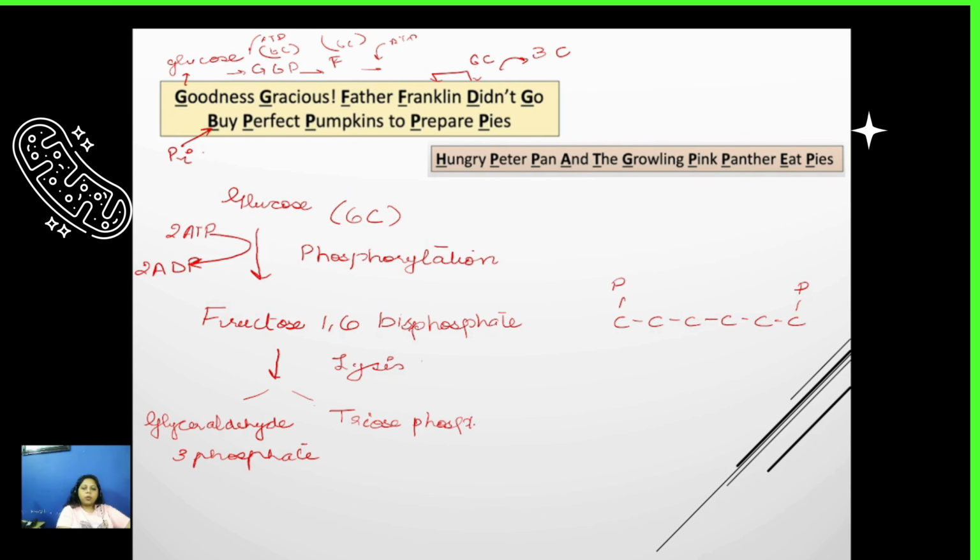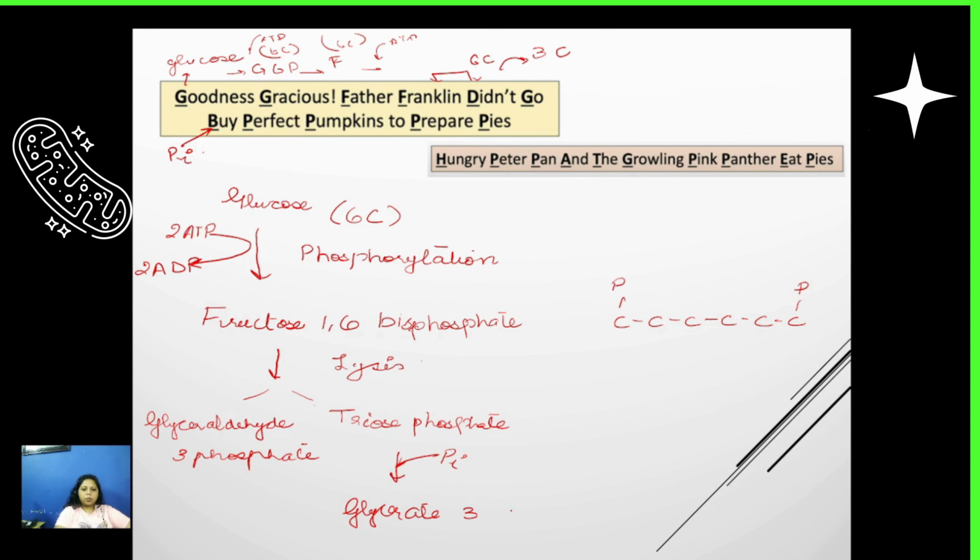We are going to work with triose phosphate. In triose phosphate, when we have mentioned the glyceraldehyde, again a phosphorus is going to be added. Here the ATP is not going to act, only this one, and it is converted into this one product.